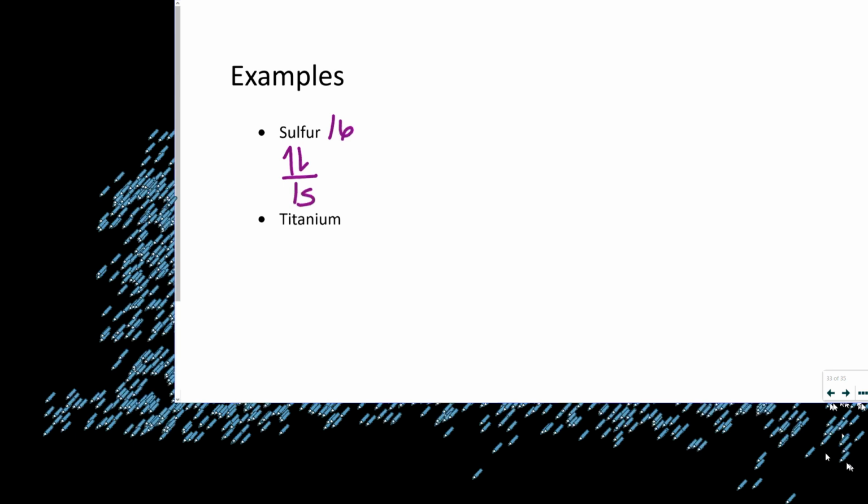After 1s comes 2s. And we said s only has one orbital. And that holds 2 electrons. So yet again, they have opposite spins. Now we're down to 12 electrons total. After 2s comes 2p. And our p sublevel has 3 orbitals.